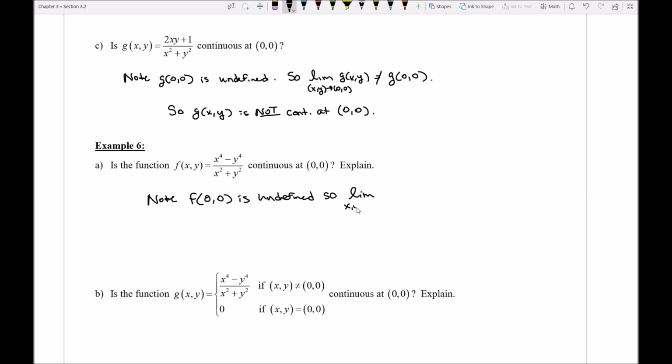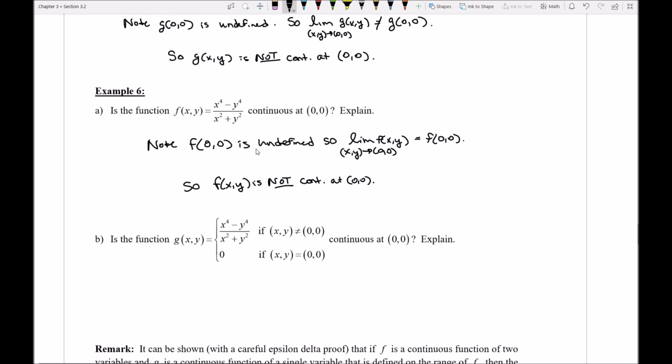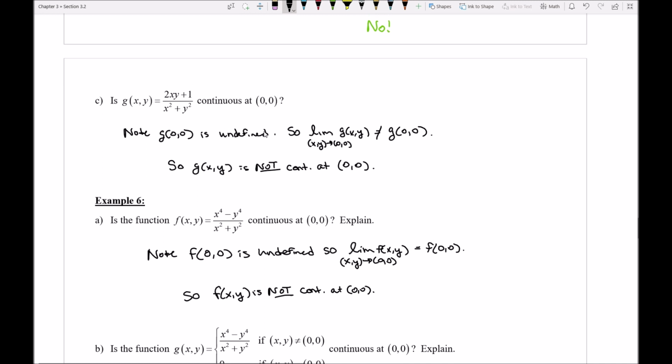So kind of like what we had set up above, there is absolutely no way that the limit here could be equal to f(0,0). So I can definitely say that f(x,y) is not continuous at (0,0).